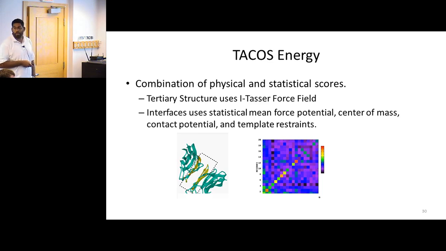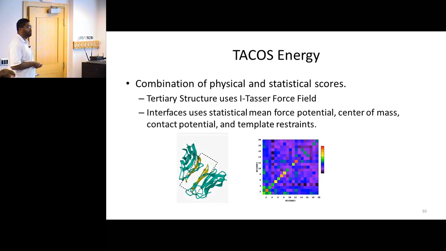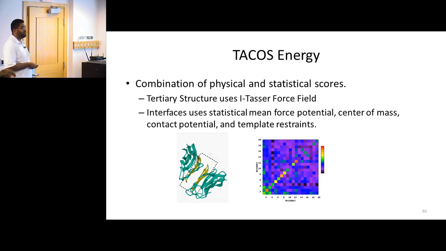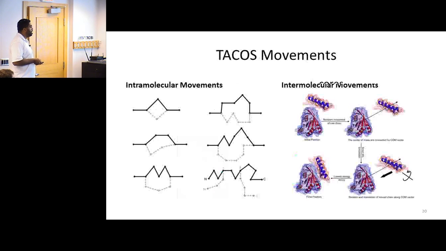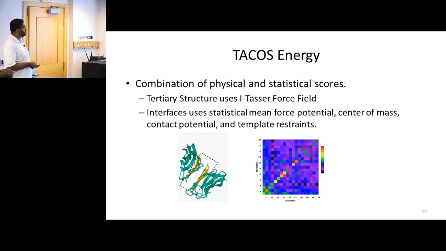Go ahead. Sorry, is each monomer flexible during the simulation? Yeah, everything's fully flexible. So here is an energy function for the contacts, for the interface. Right, so what is the energy function for each individual model? It's very similar. Instead of doing this matrix for the interface, they were done for the single chains, and they're just separate.